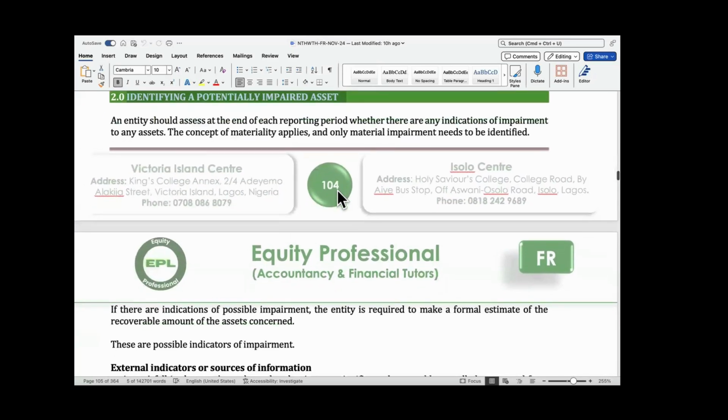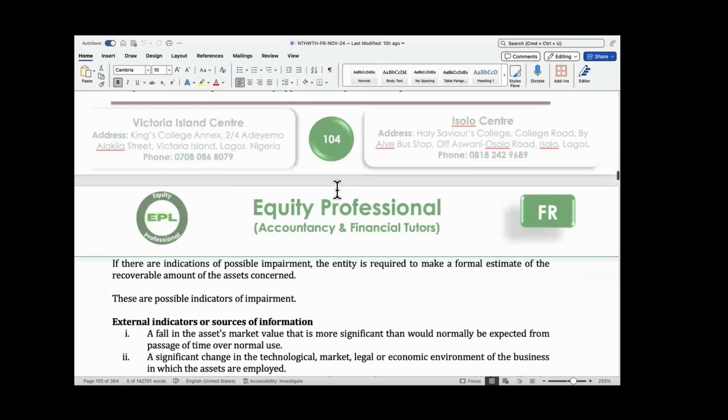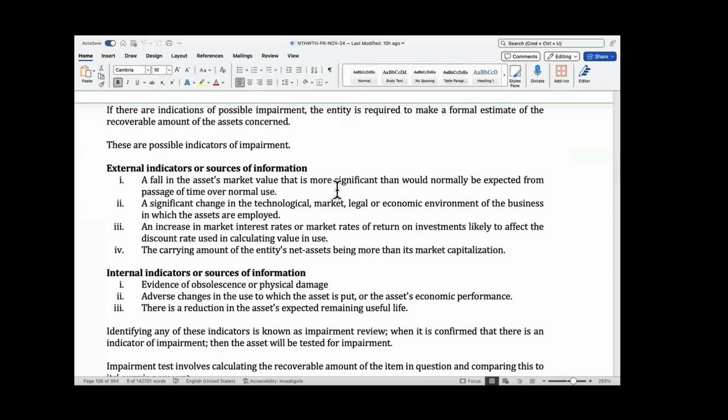So there are indicators that we look out for. There are indicators we look out for. So these indicators, we have segregated them into external indicators and internal indicators. In total, I have 6 in front of you.